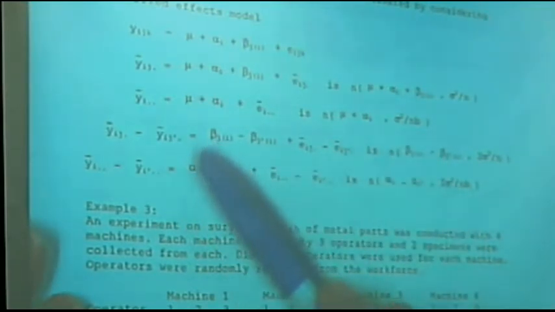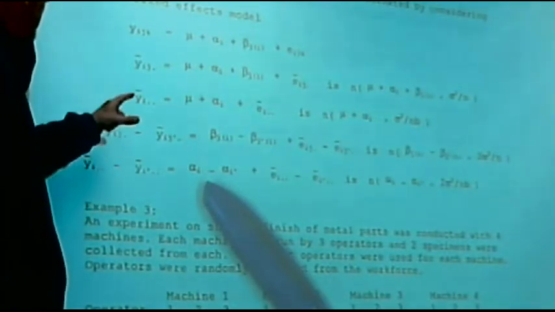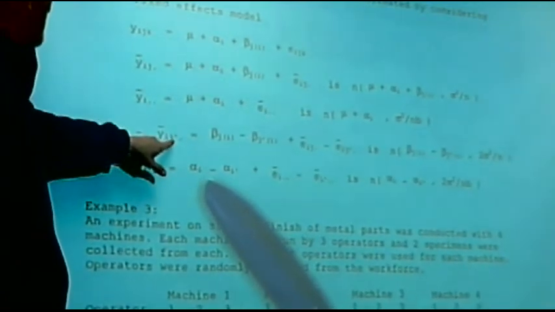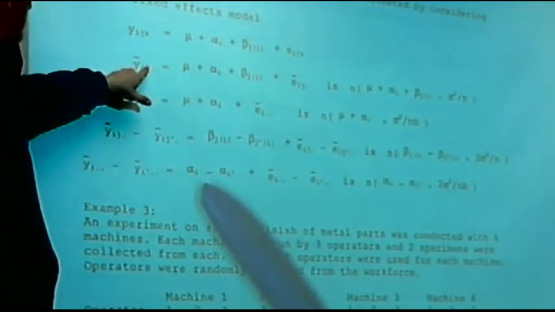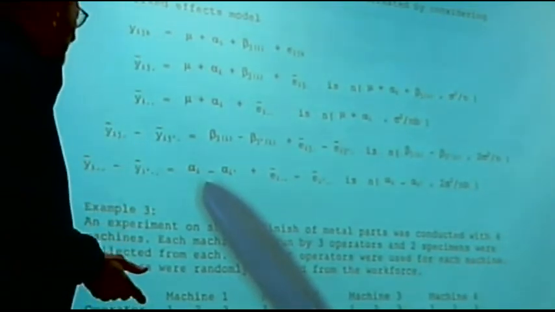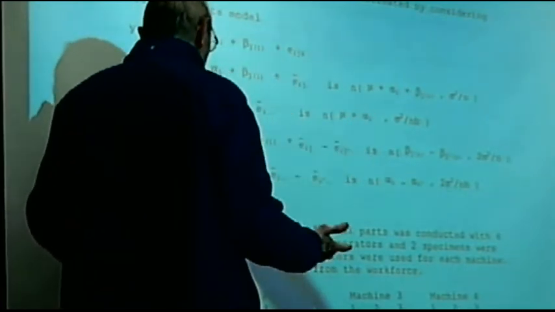Now, the next two lines just take differences of those two things, and those are fairly straightforward to look at as well. If we want to talk about the difference of two of these, where we have a different j and j prime, the difference between two of these things is again normal. Write down the pieces, it looks like this, and state what the distribution is.